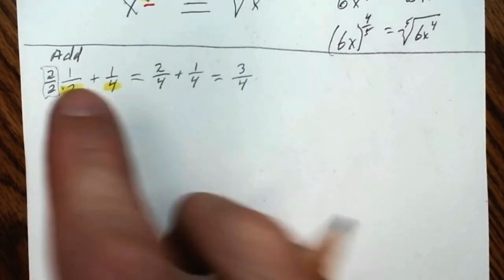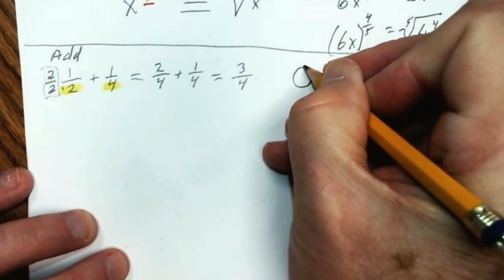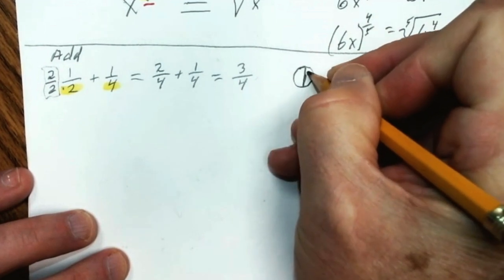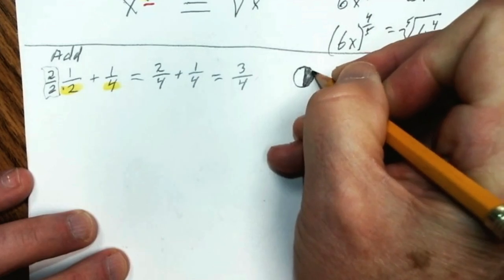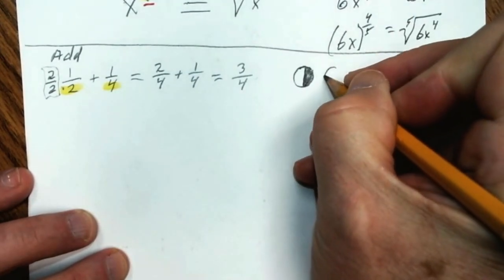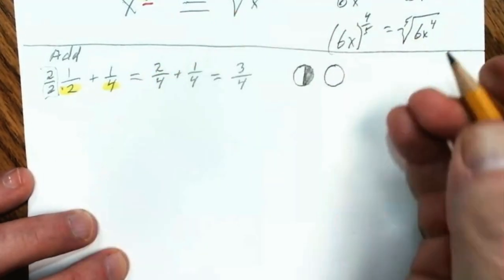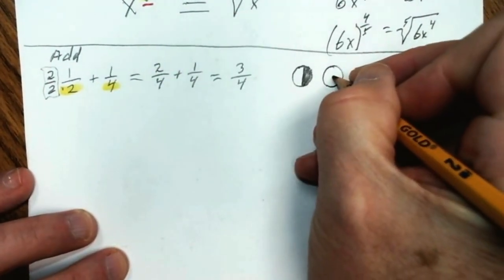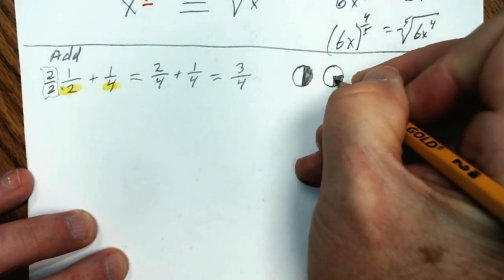And that makes sense because think about a pizza pie. I've got half a pizza, and I have a fourth of a pizza, because this is a fourth, right? 1/4. That means I have just this much of a pizza.